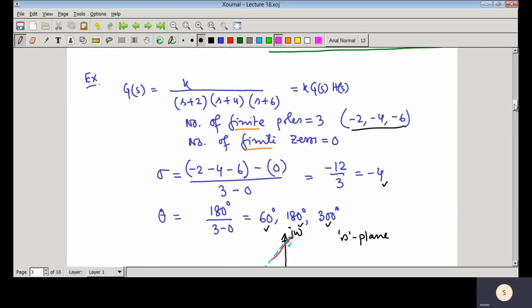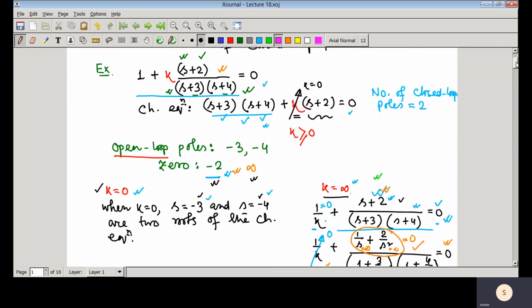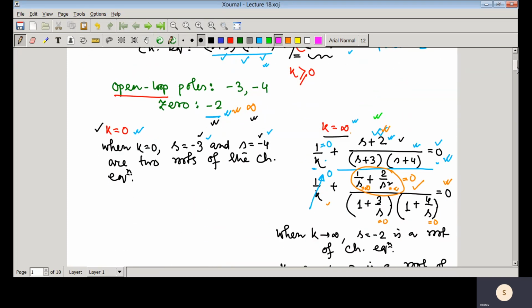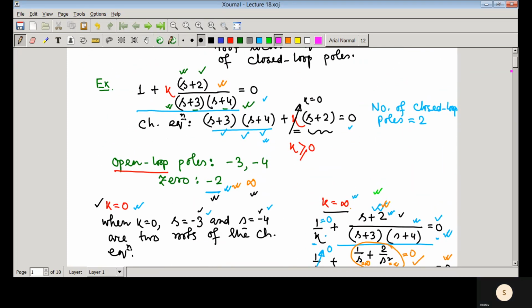So let us summarize the rules for sketching the root locus. First of all, the number of branches is equal to the number of closed loop poles. The second is how the root locus varies.